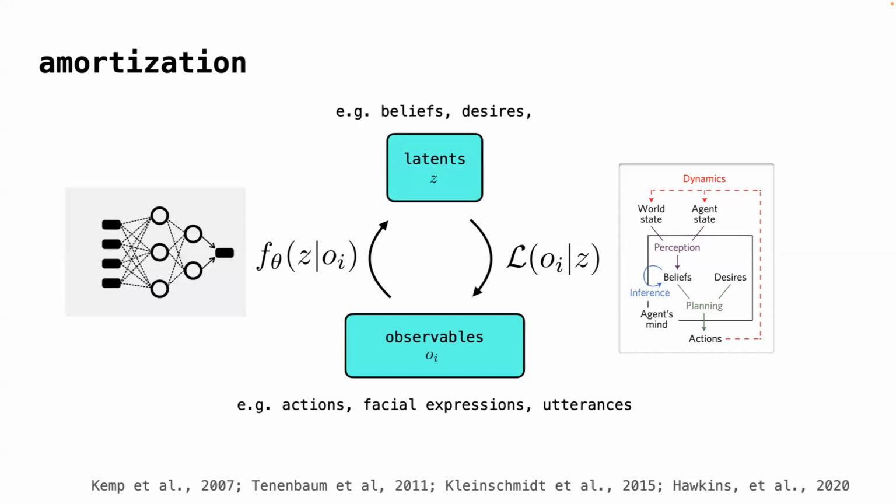But this idea of amortization, which is related to Stefan's point about dynamic programming and caching, is one kind of amortization. Another kind of amortization is to just train a neural net to go from observables to latents. So it's just another function. It's not driven by Bayes' rule at all. It's just a big neural net that takes these in as input and tries to predict these as output. And you can train it using a likelihood.